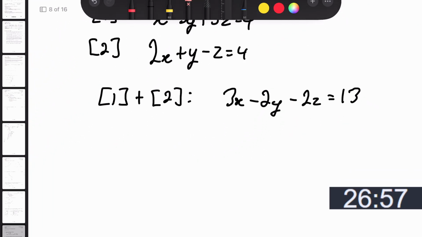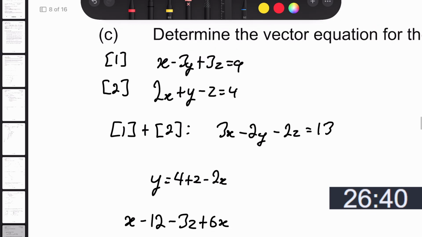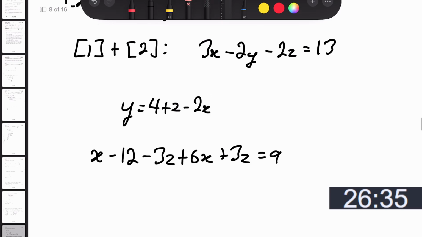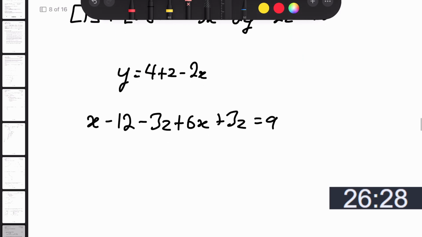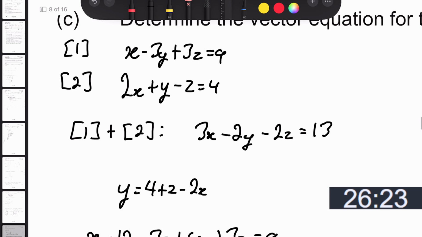And what if I just do y is equal to 4 plus z minus 2x. If I sub this into here, minus 3 times that, so minus 12 minus 3z plus 6x plus 3z equal to 9. I think this is about the spot to go.